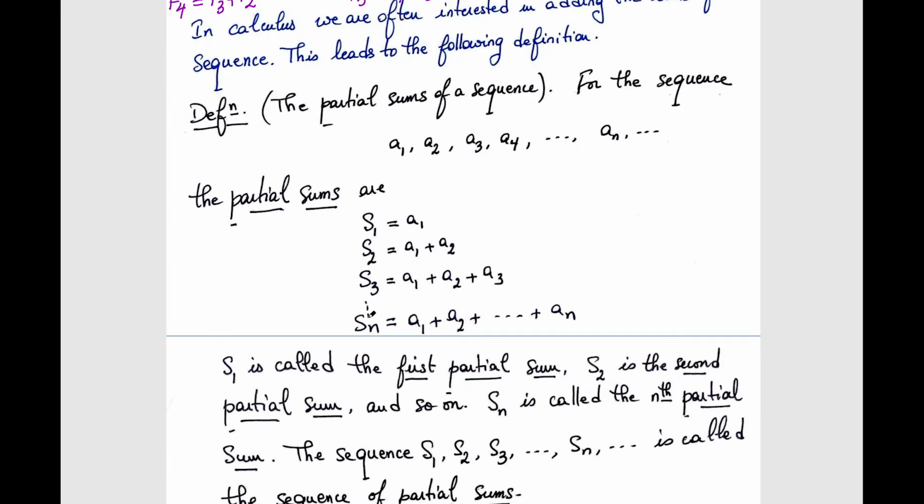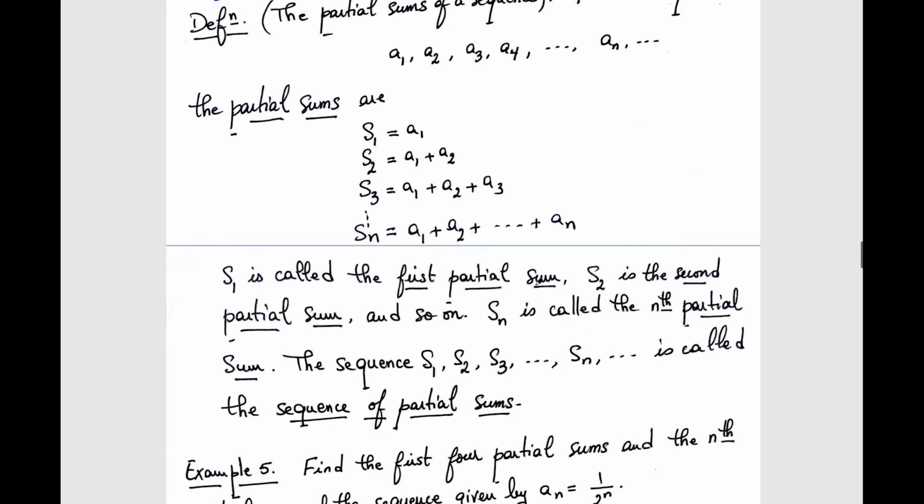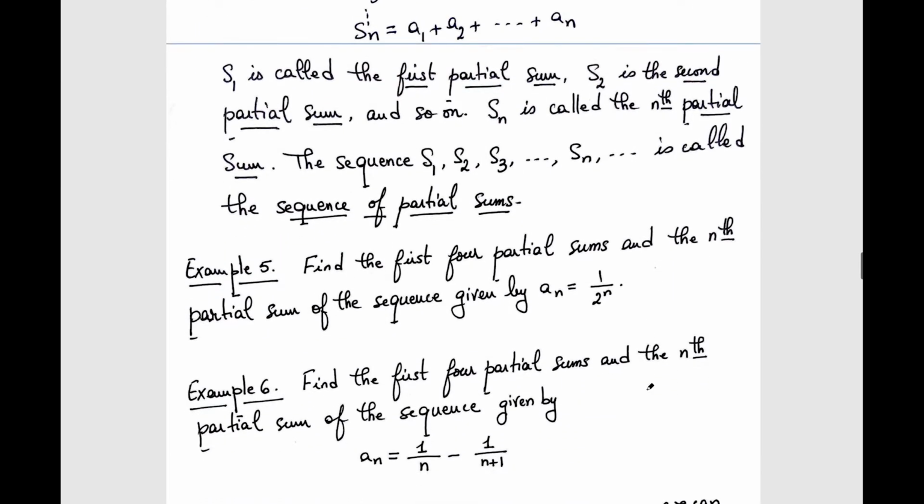Okay, that's the definition. So in general, what's the nth partial sum, S sub n? It's gonna be the sum of the first n terms of the sequence. Make sense? Okay, and that's the terminology I just used here. All right.